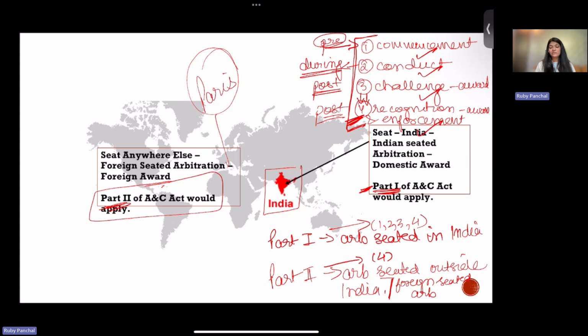What does that mean? That means that our seat law, which is Part 1, would not be applicable to that arbitration. So Part 1, which provides for all of these four matters, would be inapplicable to that arbitration; we are going to stay out of that arbitration, right?